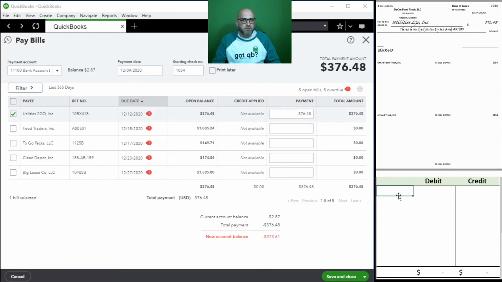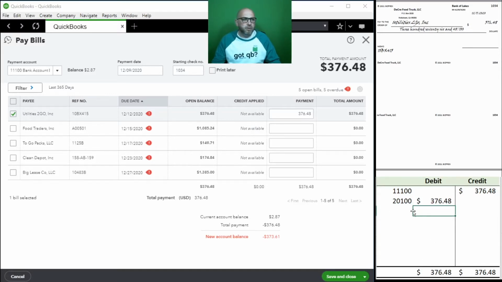Before we do that, let's reflect on what's happening here. Well, one thing for sure, our bank account balance will be reduced. Bank account is an asset, therefore it has to be credited. What else is happening? Well, our accounts payable balance will be reduced as well, right? Because we're paying this invoice, we owe less money, in this case to utilities to go.